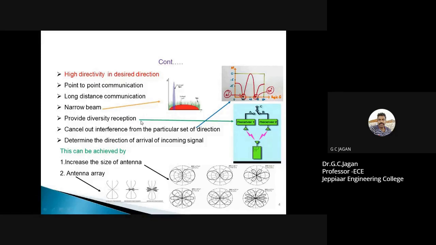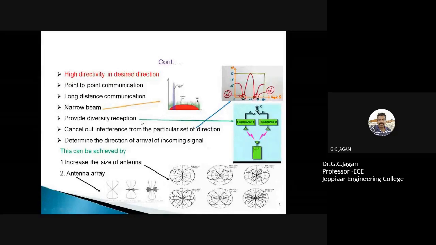The second technique is what we call the diversity technique. Diversity means different forms, right? Instead of transmitting a single signal, we transmit multiple copies of the same signal through different antennas. In the receiver, we receive all the multiple copies and combine them, and for combining we have a separate algorithm.